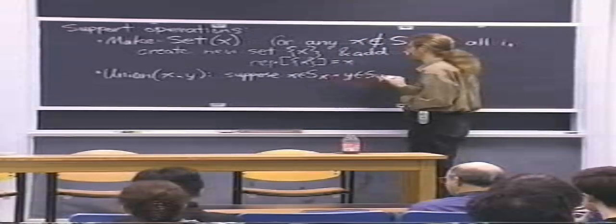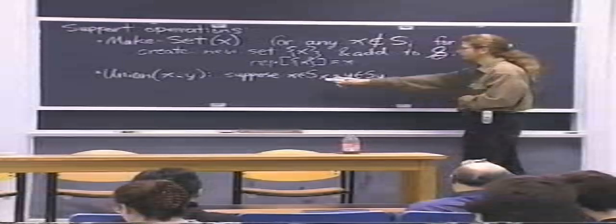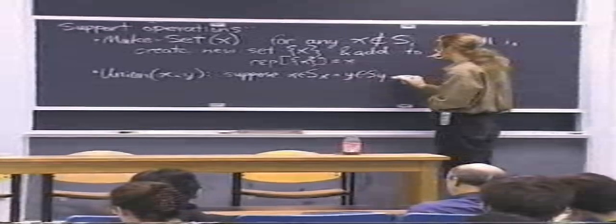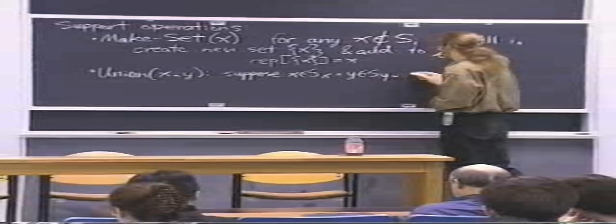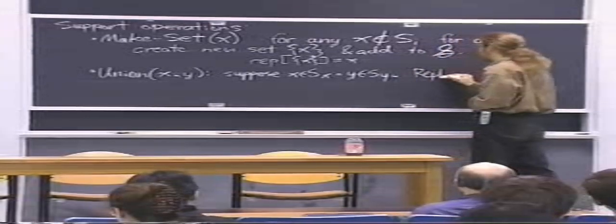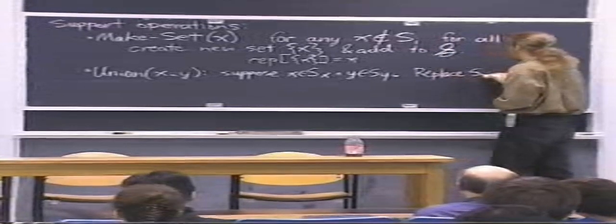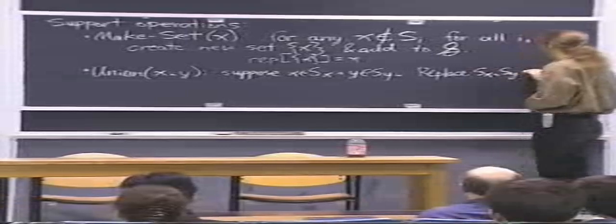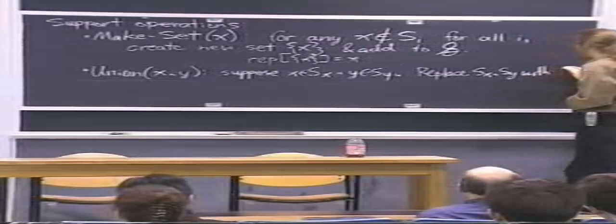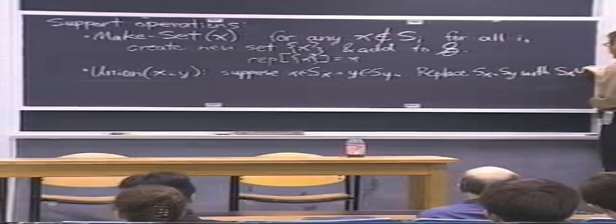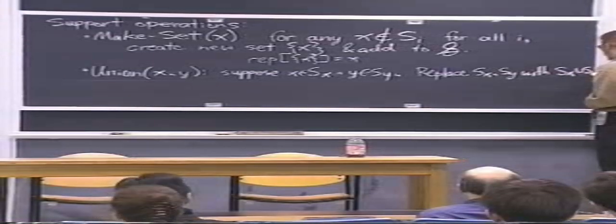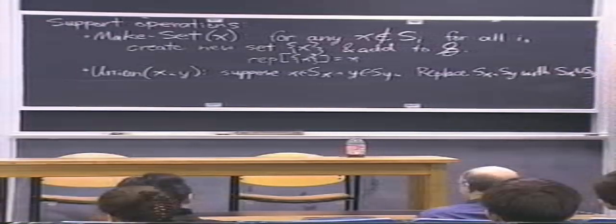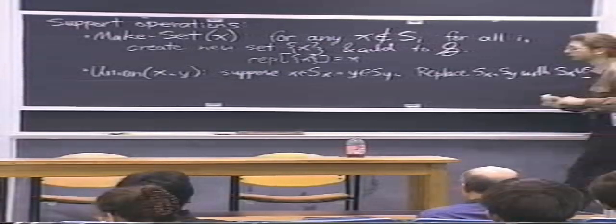So that's just naming the sets that they belong to. It's well defined because the sets are disjoint. Then I want to replace S_x and S_y with their union in my collection script S. Okay, and that's a disjoint union.